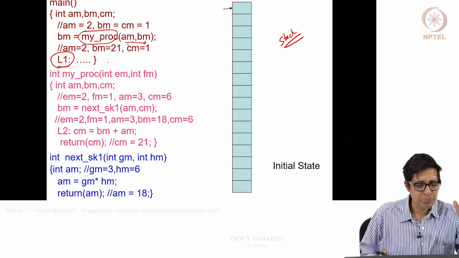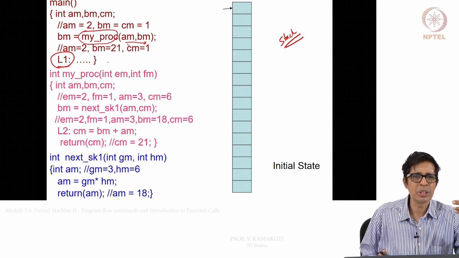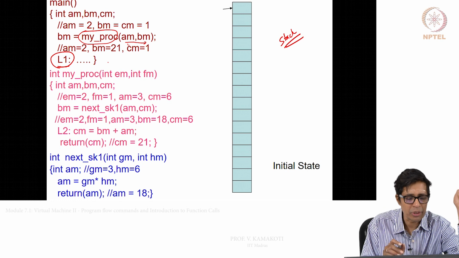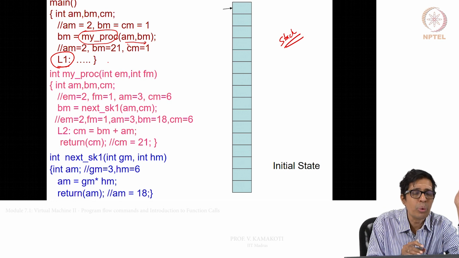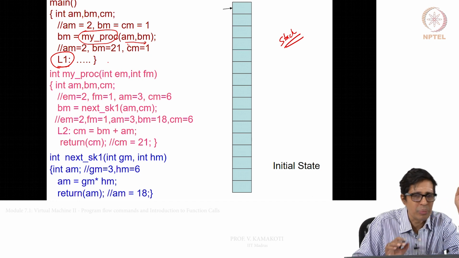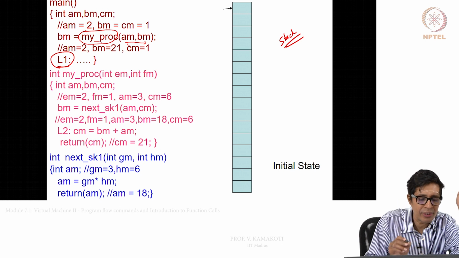Right. So, as far as main is concerned, it has certain local variables and it has certain arguments that it is providing for myproc. Now, myproc takes those arguments, it has its own local variables, it does certain computation, it finishes and returns back to L1, because main has called.